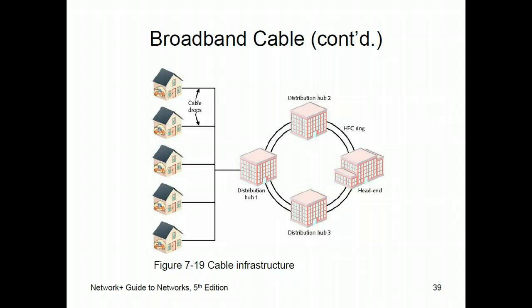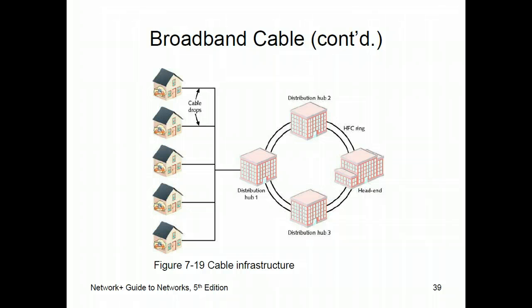So basically you do have what are called distribution hubs throughout the rings that determine where the drops are located. The drops basically are repeaters throughout the region, in this case residential areas, and the more drops you have on one distribution hub, the more degradation you're going to have on upload and download speeds. Does that make sense? The more drops you have.